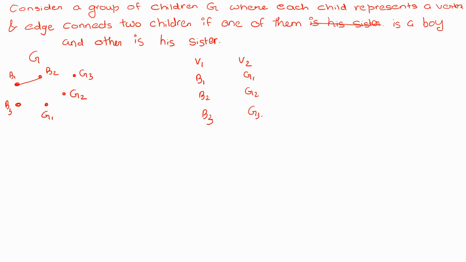Obviously there can be connections between B1 to G1, B1 to G2, or B1 to G3, or B2 to G1, B2 to G2, or B2 to G3, depending on who is the sister of which one. But clearly there won't be an edge between B1 and B2 or B1 and B3. Similarly, there won't be an edge within the set of girls. So clearly this can be considered a bipartite graph.